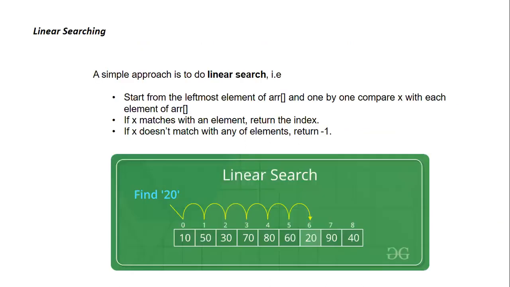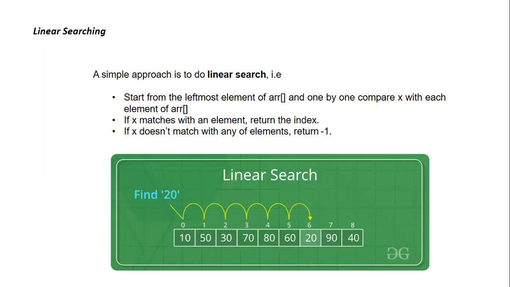This is the linear search. It is the simplest searching methodology. Let us consider there is a data stream which is arranged in an array. Wherever the data is present, that location we are calling an index or memory location.